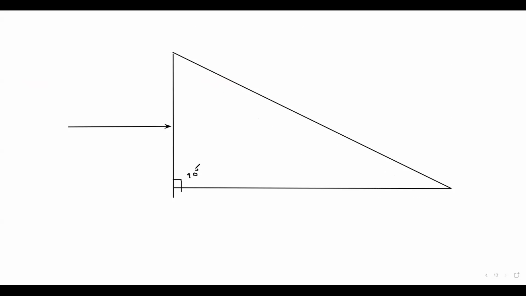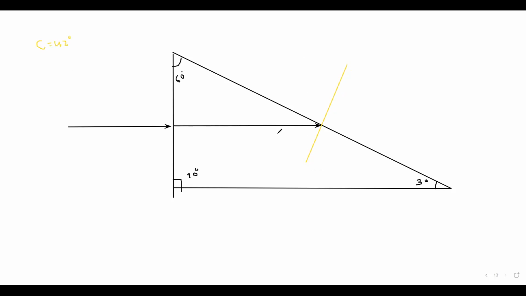Say this was 90, 30, 60. Because initially the light is passing along the normal, it will pass straight. You have to complete the path of this ray if the critical angle is 42.